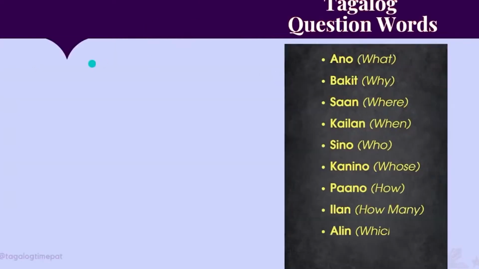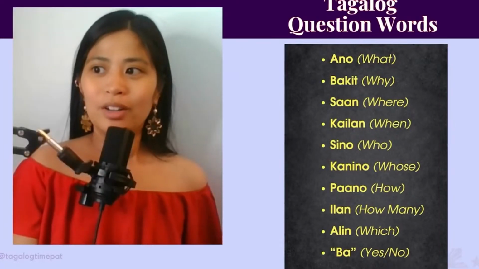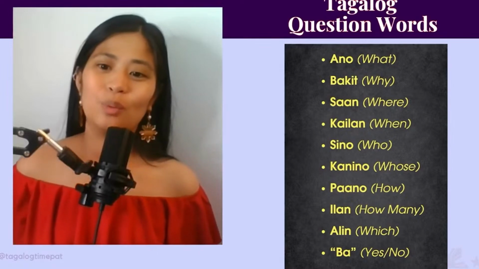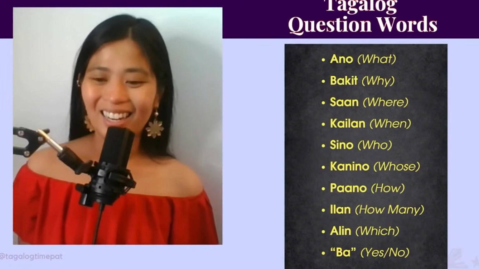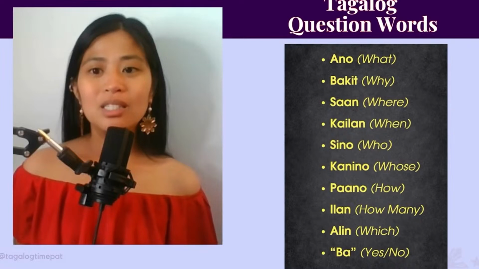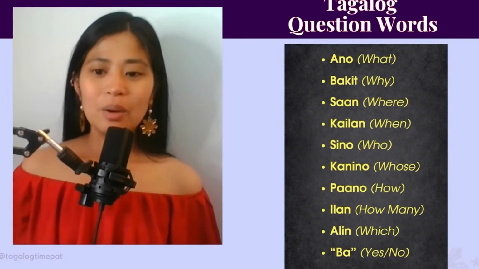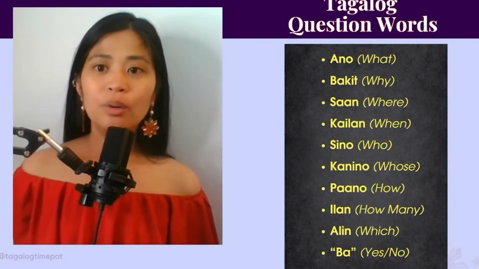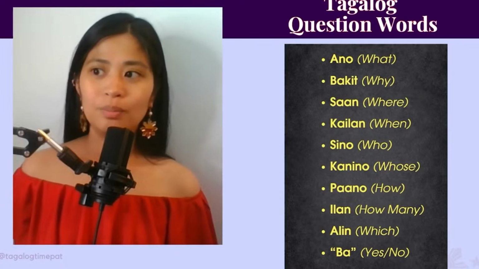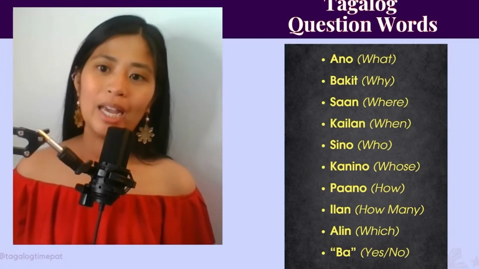Okay. We did it. We learned all of the different Tagalog question words. There's a lot, isn't there? And there are lots of different ways to use them. But let's go ahead and review them. So ano means what? Bakit? Why? Saan?